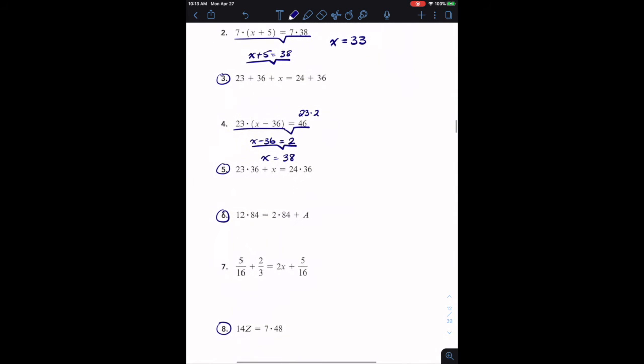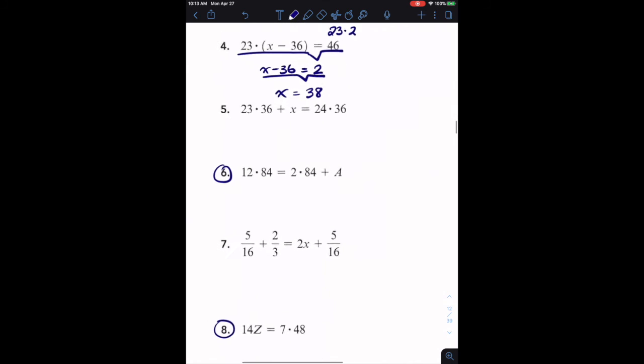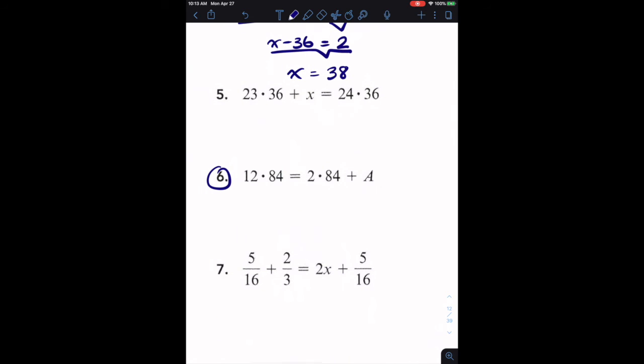Okay, and we're also going to do 5 together, reason through 5. And I'll leave the other ones for you to think about. So 23 groups of 36 plus something is equal to 24 groups of 36. Wow. So here's our balance, here's our fulcrum. 23 groups of 36 plus something is 24 groups of 36.